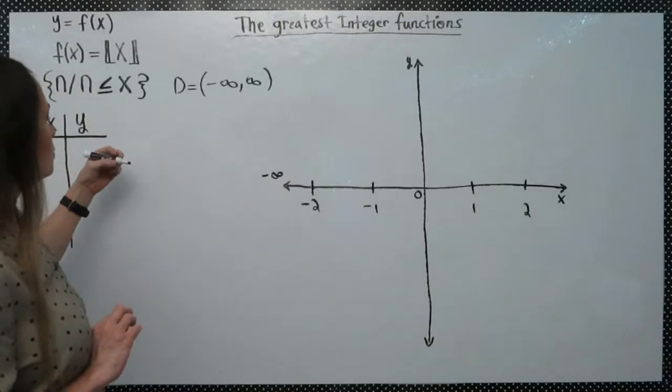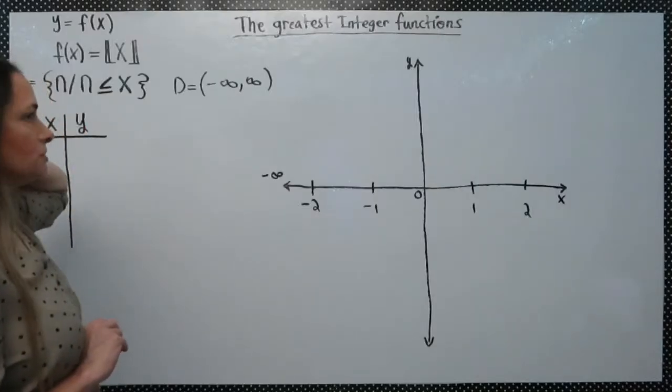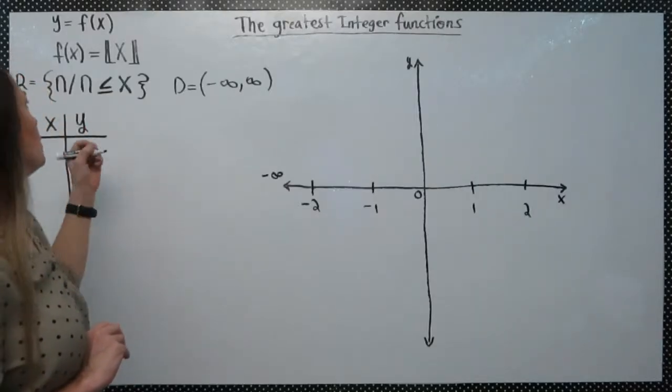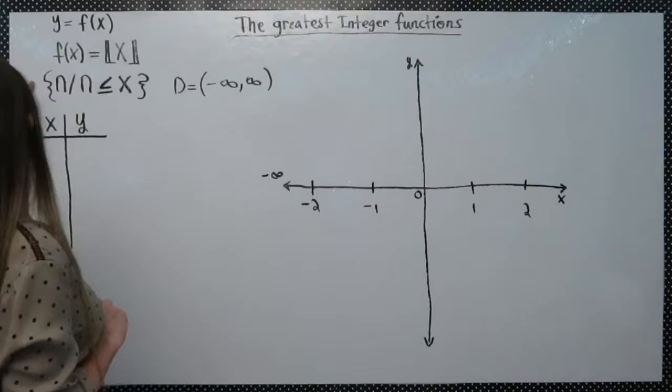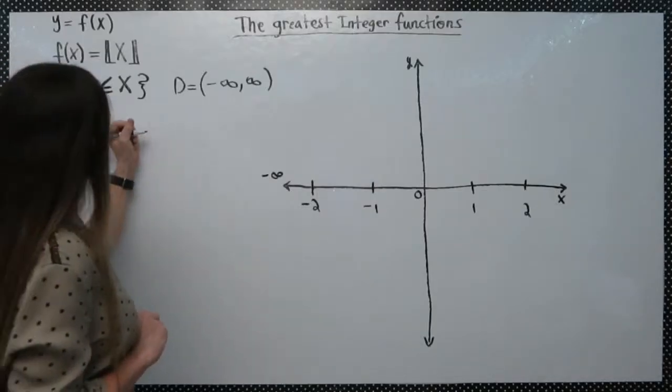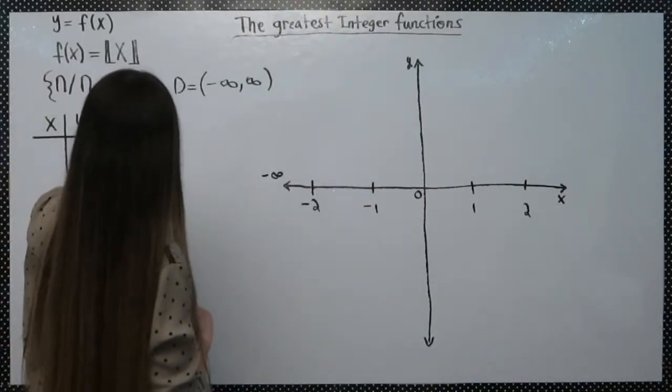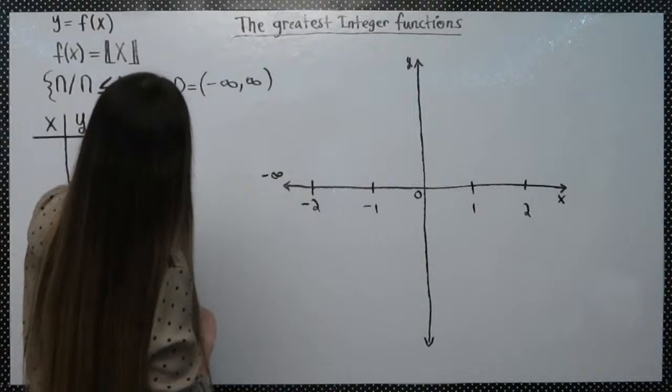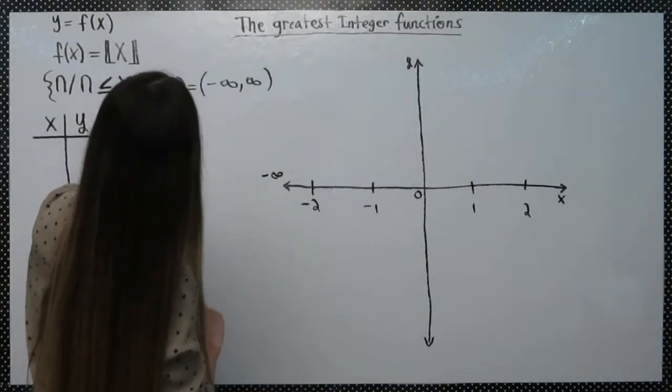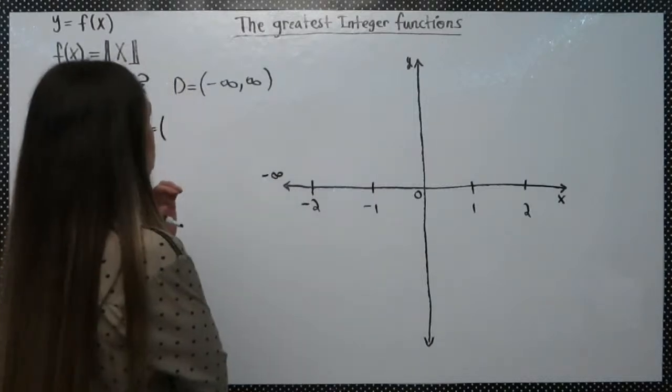Okay, so that is the definition of the function. The range is actually only the integers. So how would I list the integers?